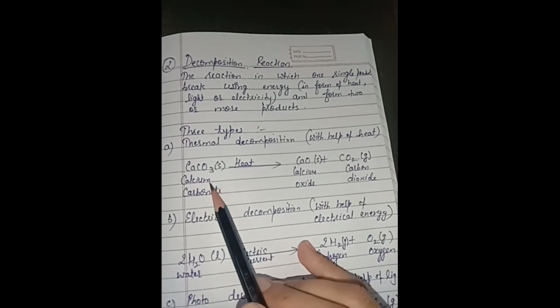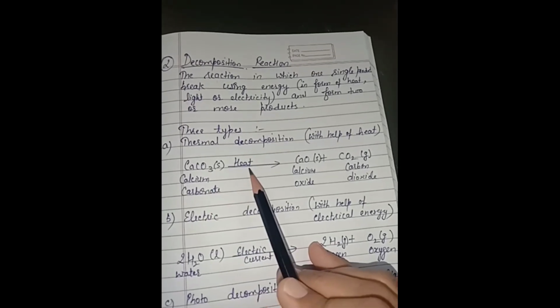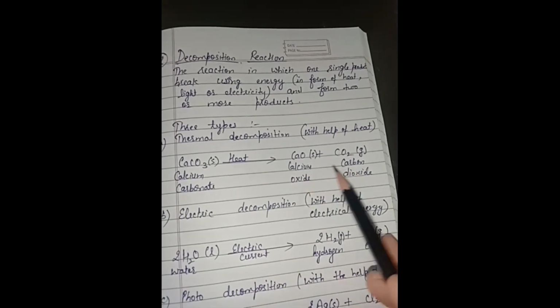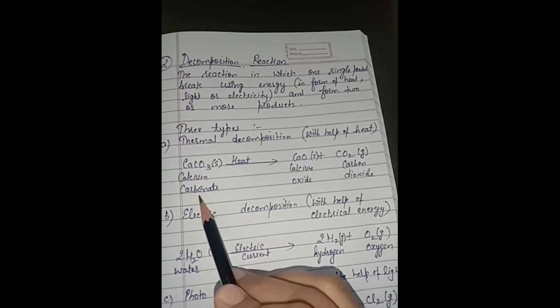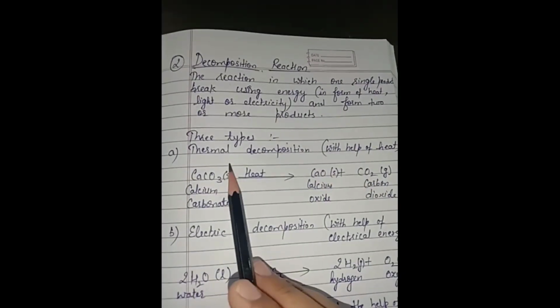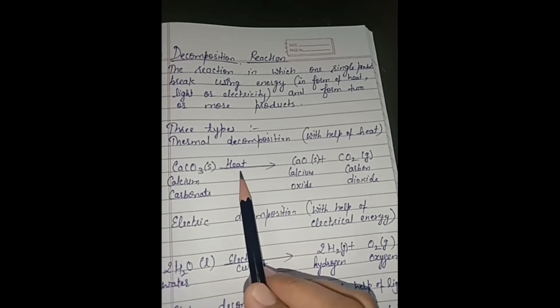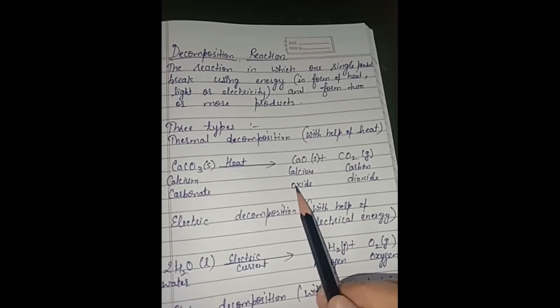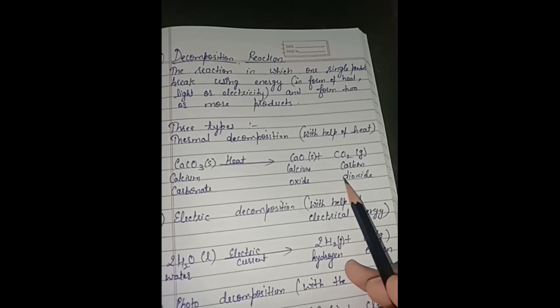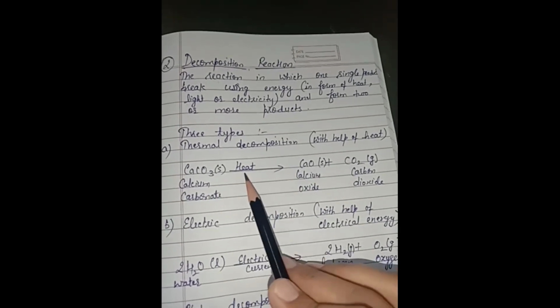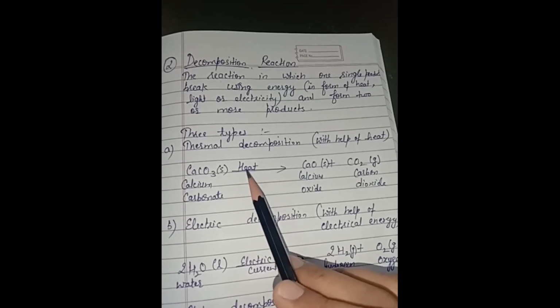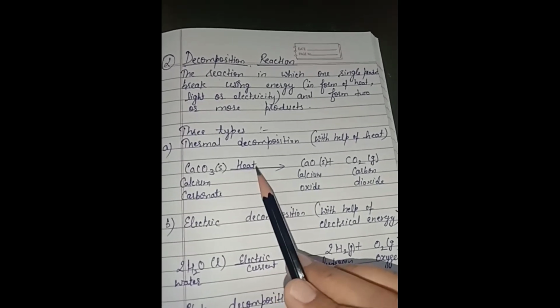So one reactant will break by using heat energy and form two or more products. We can take the example: calcium carbonate in solid form will break by using heat energy and form calcium oxide and carbon dioxide gas. This is an example of thermal decomposition because it is occurring with the help of heat energy.